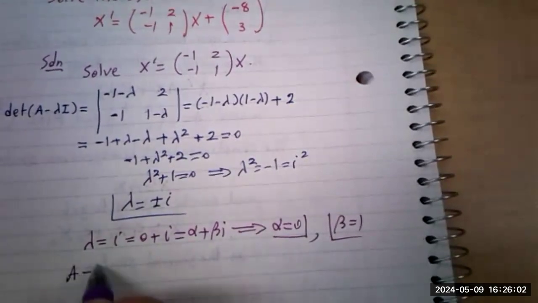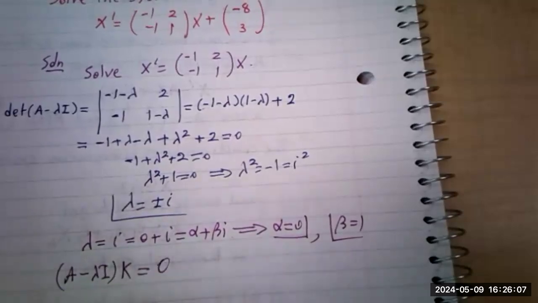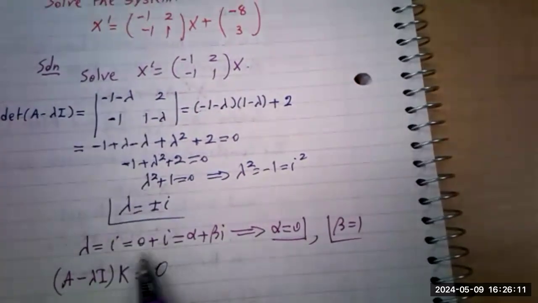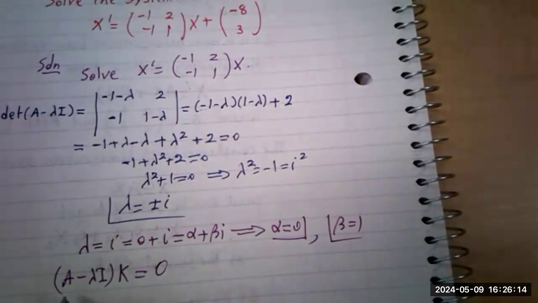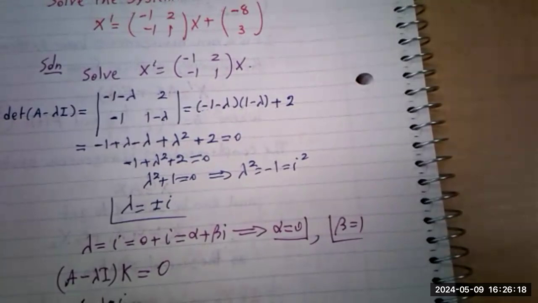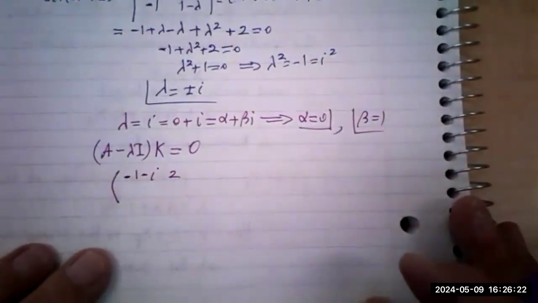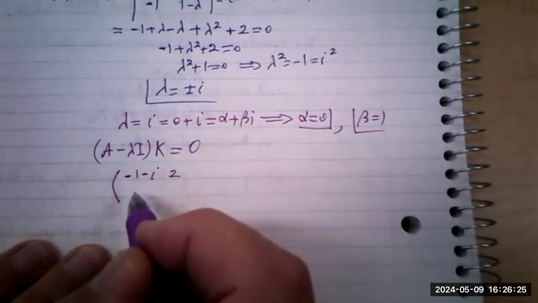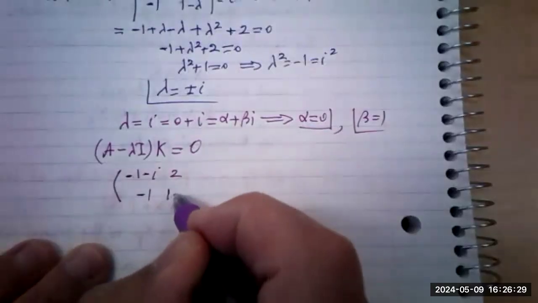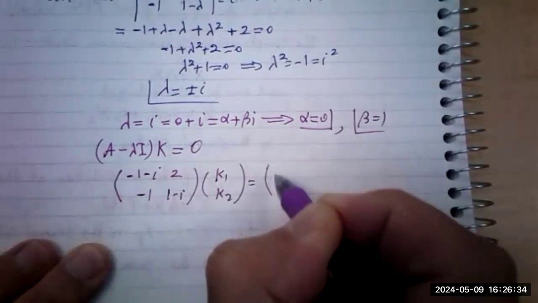So you form A minus lambda I times K equal to 0. Go to the matrix and you replace lambda by i. So you have a matrix: -1 minus i, 2, -1, and 1 minus i, times K1, K2 equal to 0, 0.